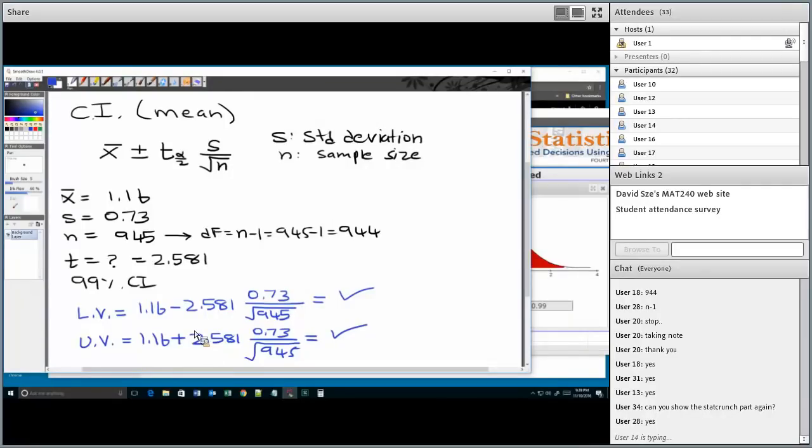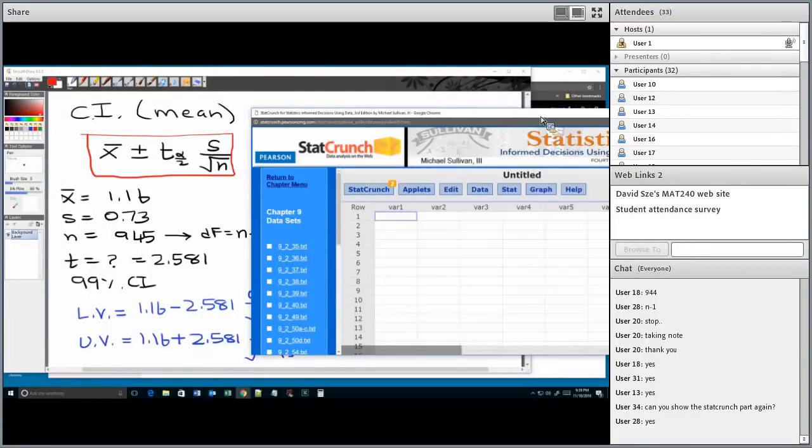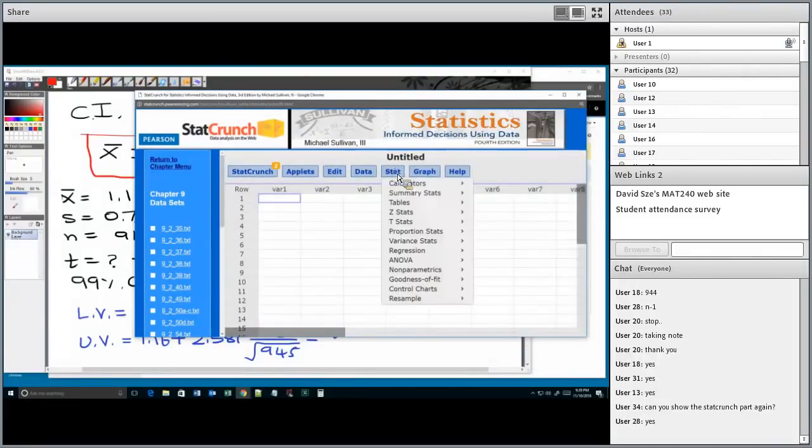So this is how StatCrunch will do this. It uses this formula to give you the confidence interval just like this. Let me show you how that works. Now, you're going to use stat, and instead of using proportion stats that we did yesterday for proportions, we're going to use t-stats for confidence interval for the mean.